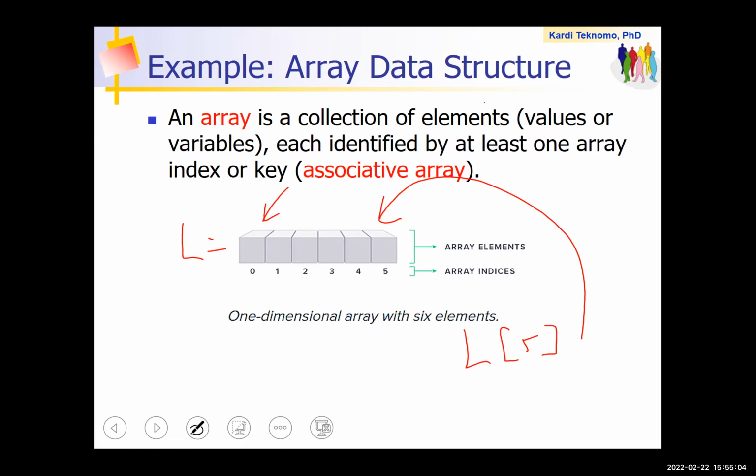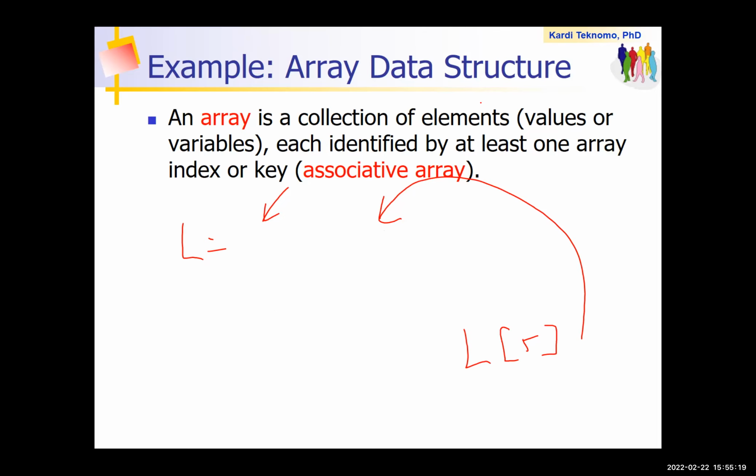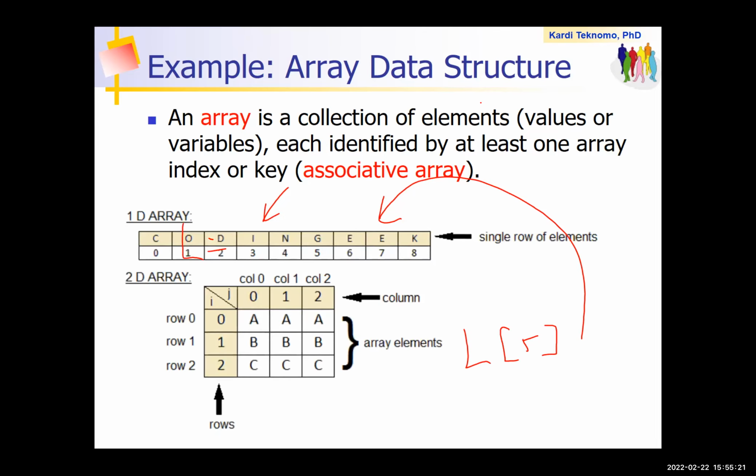Another way is to create the key not as an index like this, but you can also put any string or any number. The key can be put as values.